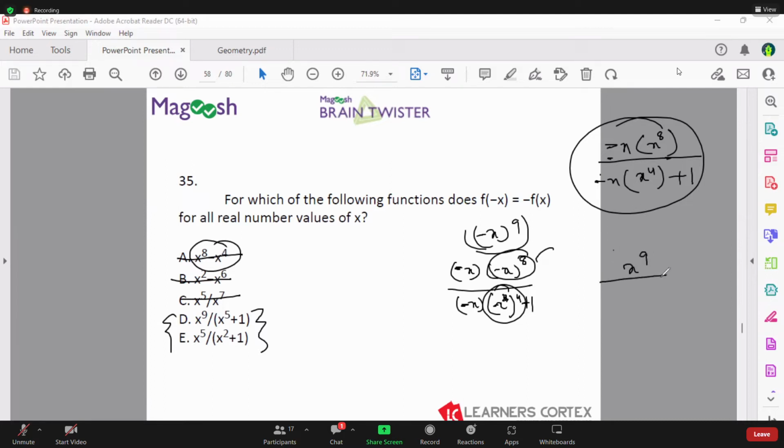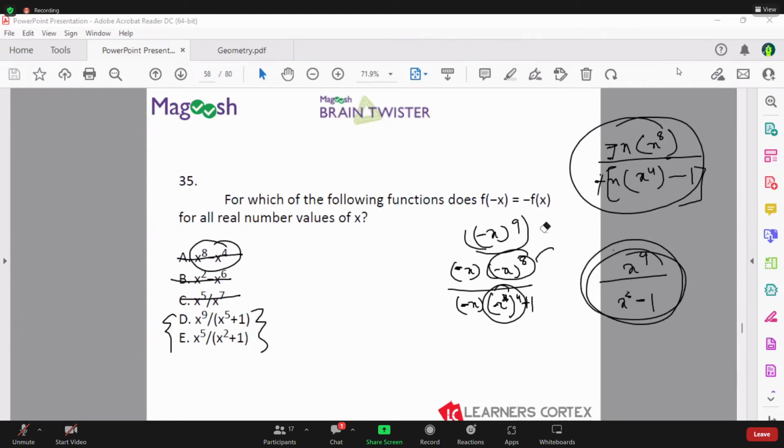This would become x to the power 9 over x to the power 5 minus 1. Because if you take the minus sign as common here, this becomes like this. And the minus sign would get cancelled, and then you can conclude that this would be the answer.